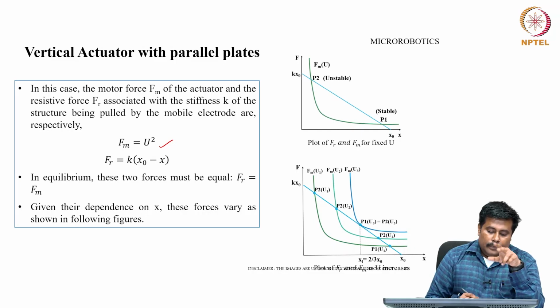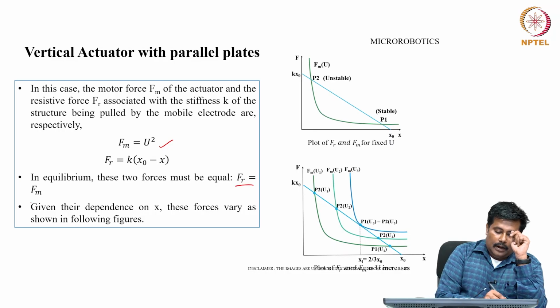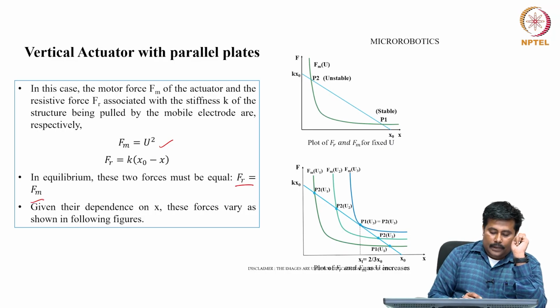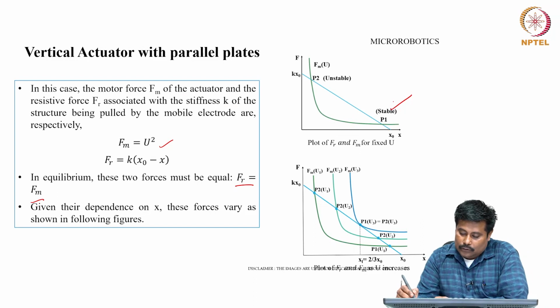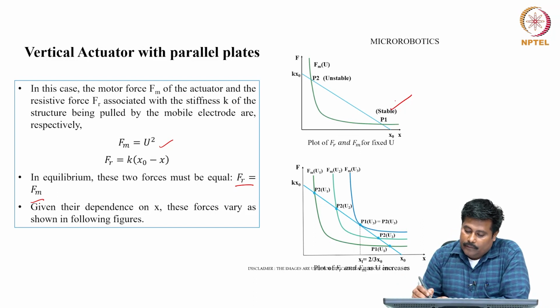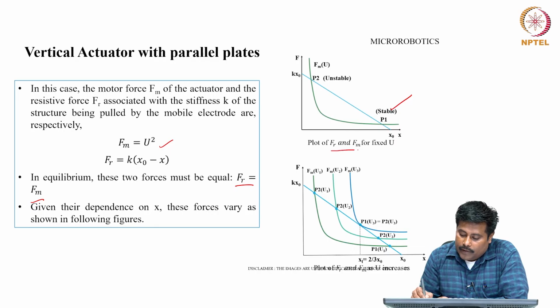In equilibrium, these two forces must be equal, that is Fr and Fm should be equal. Given their dependence on x, these forces can be varied, and the influence of these forces can be studied through this equation. That is, when we observe the plot of Fr and Fm for a fixed U, this is the kind of observation we get.